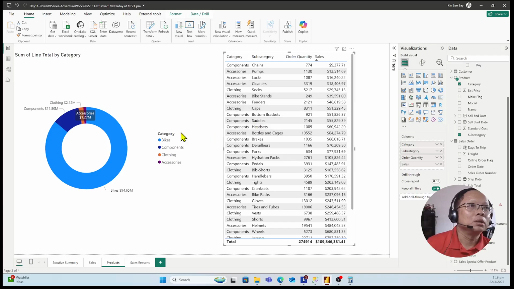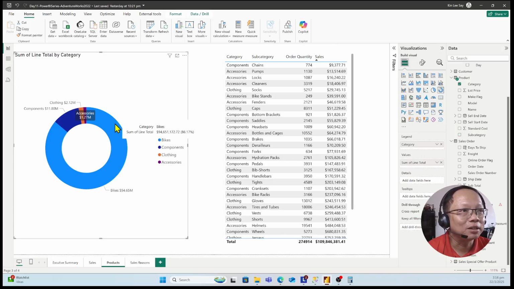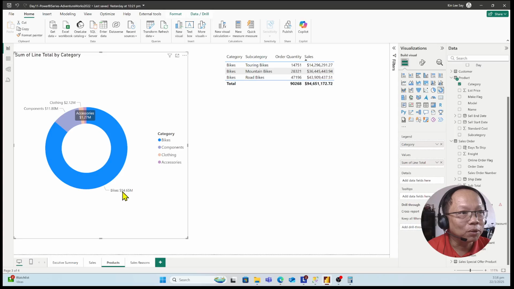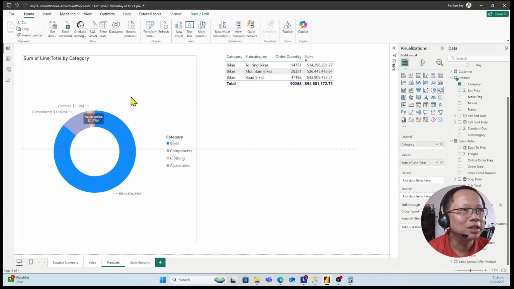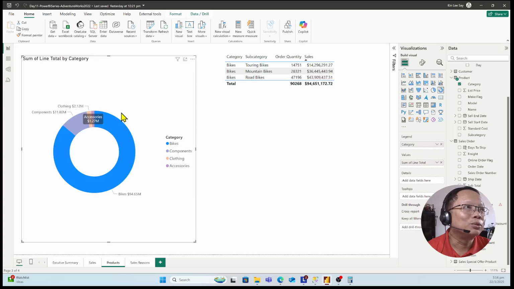If we look at this donut chart again, you can see that bikes is making 94.65 million here. It looks very much like an 80-20 split.